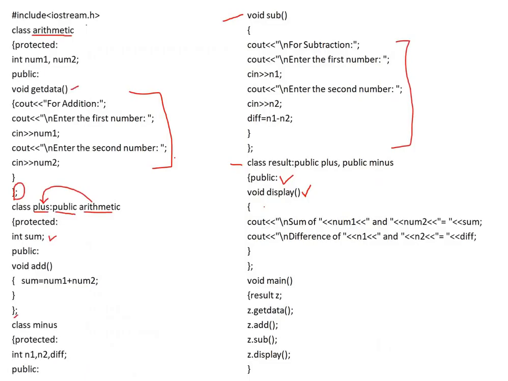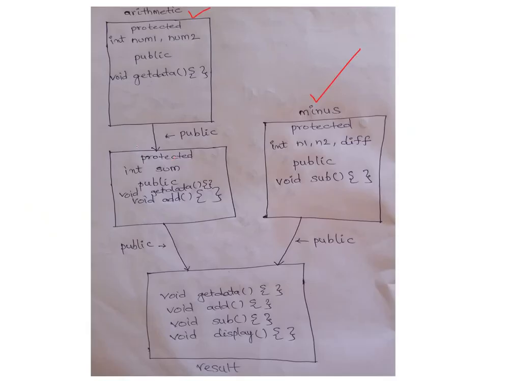What is the next class name? Plus. This is the name of the class. Here, if you consider the relation between the arithmetic class and the derived class, here we have public visibility mode.